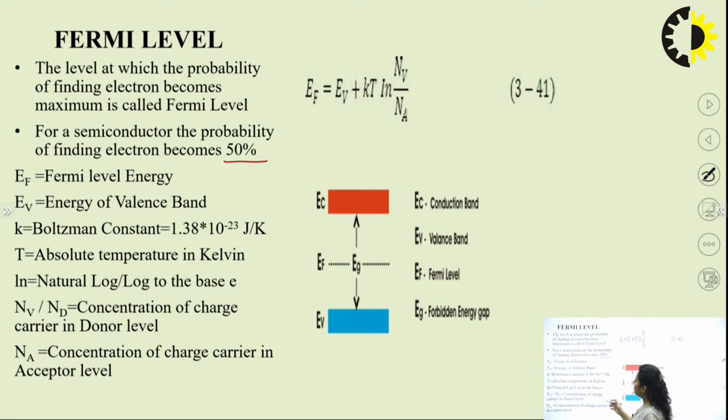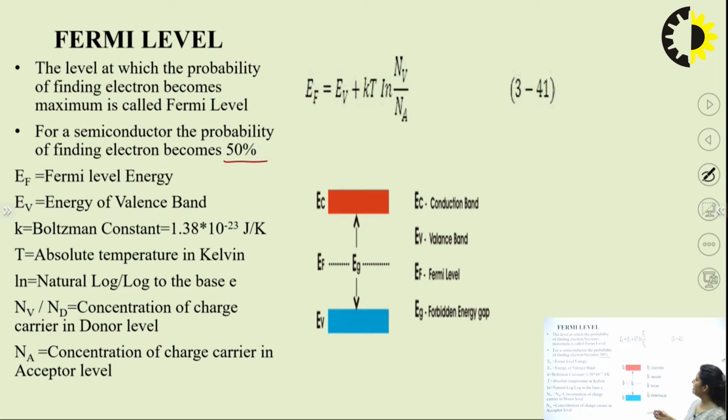So there is some terminology. First one is EF, which is the Fermi level. EV is the energy of the valence band. K is the Boltzmann constant, T is absolute temperature in Kelvin, and Ln is the natural log, which is to the base e. Nd is the concentration of charge carriers in the donor level, and Na is the concentration of charge carriers in the acceptor level.